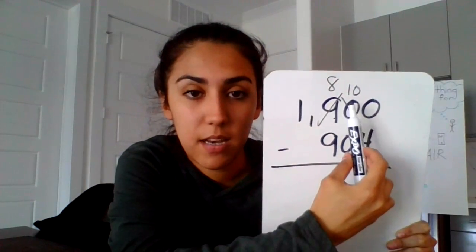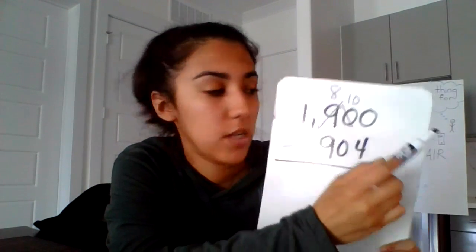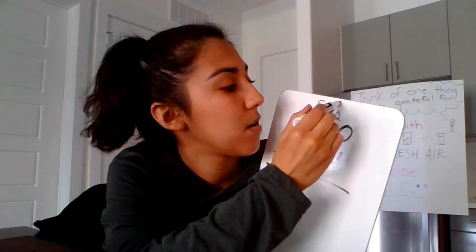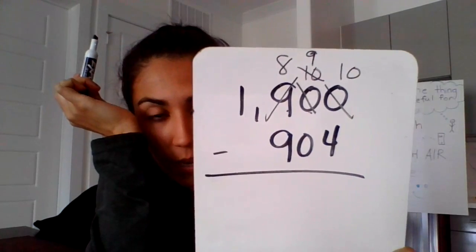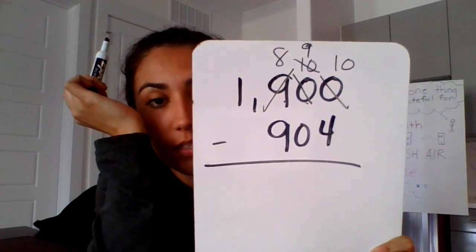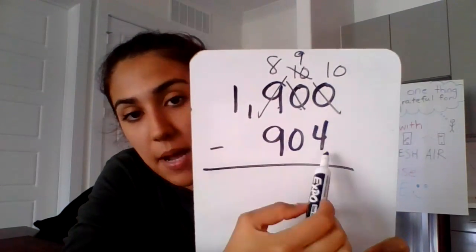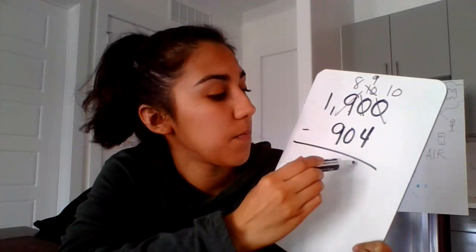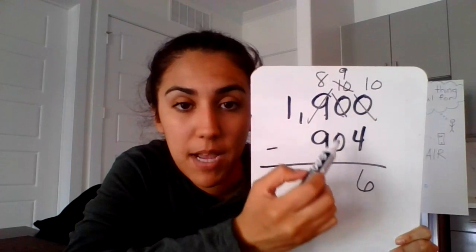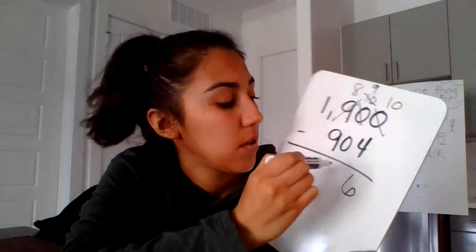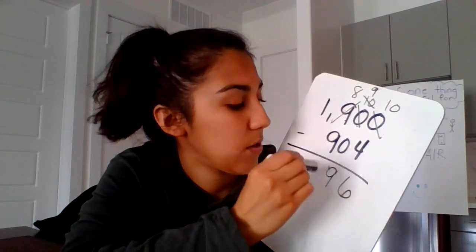Okay, make that a 10. But this is the 0 that needs 1, so he's going to give us 1. And this is how your numbers should be set up. Now we can start subtracting. 10 minus 4 equals 6. 9 minus 0 equals 9.